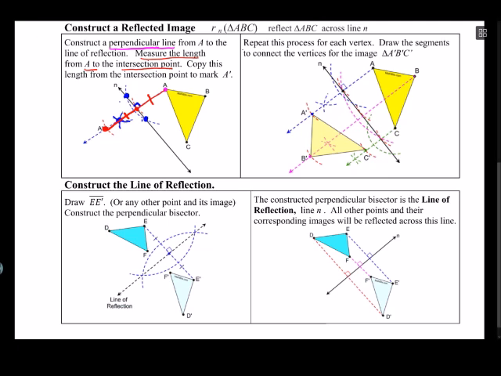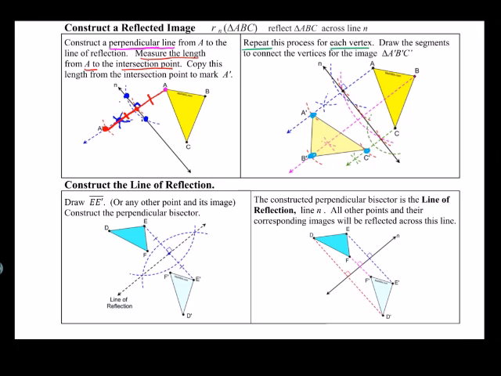And then we simply repeat the process for each vertex, and we end up with A prime, B prime, C prime, and we have our image. We have reflected triangle ABC across line N and created our image triangle A prime, B prime, C prime. Remember, order matters on these.